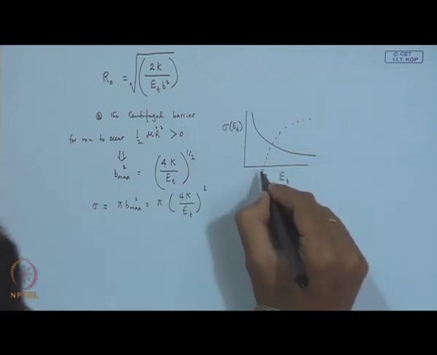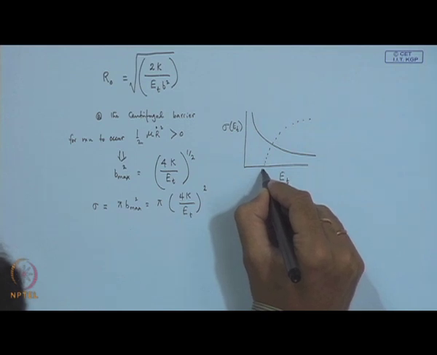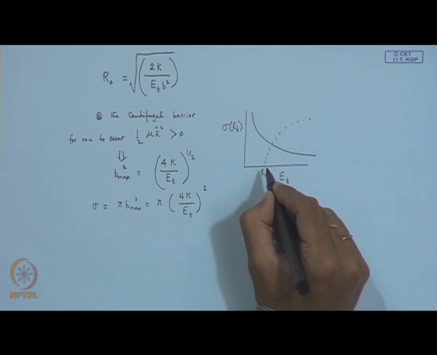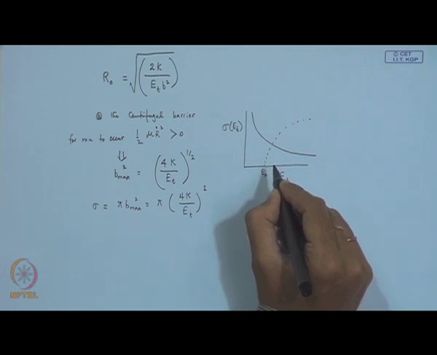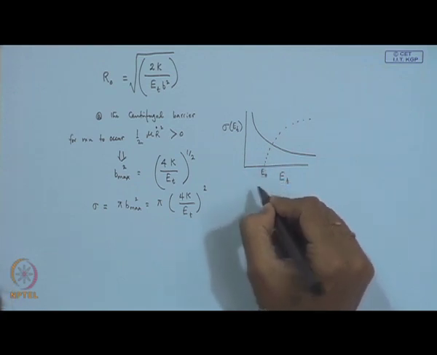But since there was a centrifugal barrier, that minimum energy will not be sufficient, so it has to surmount this centrifugal barrier.